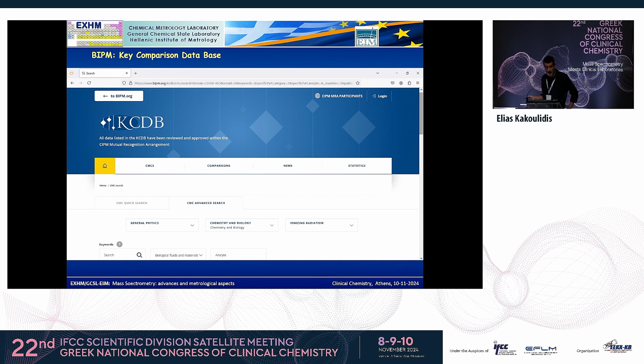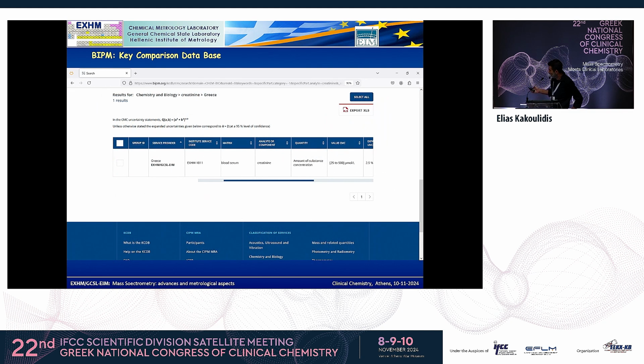What the metrology institutes get out of this is the documentation of their capabilities to support the measurements and connect them to the International System of Units. I have used our laboratory as an example here.